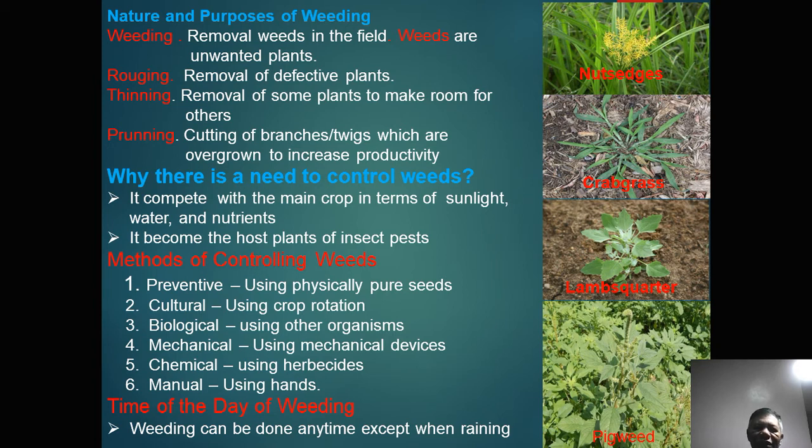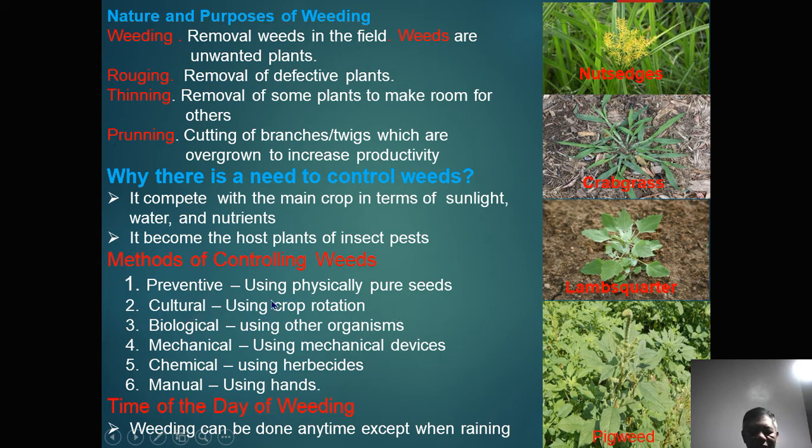So, for instance, this year you will plant corn, the other year you will plant sweet potato, then the other year vegetables. That's how you will strategize, and that's cultural control.